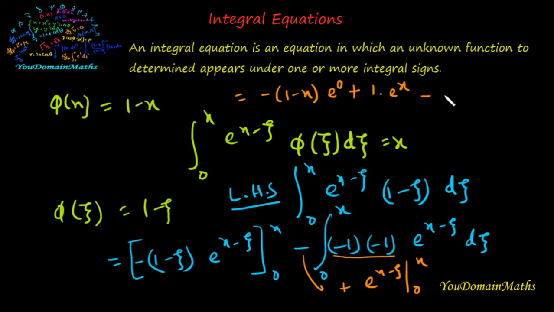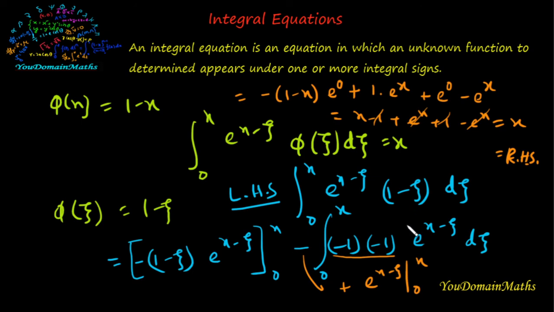Next, putting xi equals x, it is e to the power 0, and another e to the power x here. So very simply we get x minus 1 from this, and this is e to the power x, and this is 1 minus e to the power x. So e to the power x and e to the power x vanish each other and these vanish, so this is x, and this equals the right hand side.